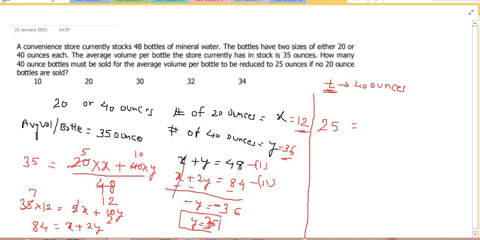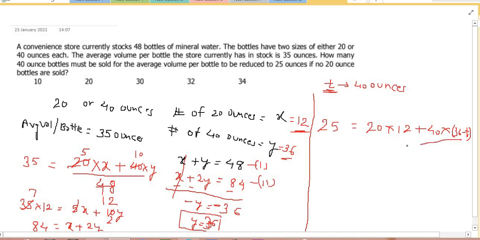As I said, no 20 ounces water bottles are sold, so this remains the same, 20 into 12, plus, now in 40 ounces water bottles out of 36 we have already sold t water bottles so that our average volume reduces to 25.